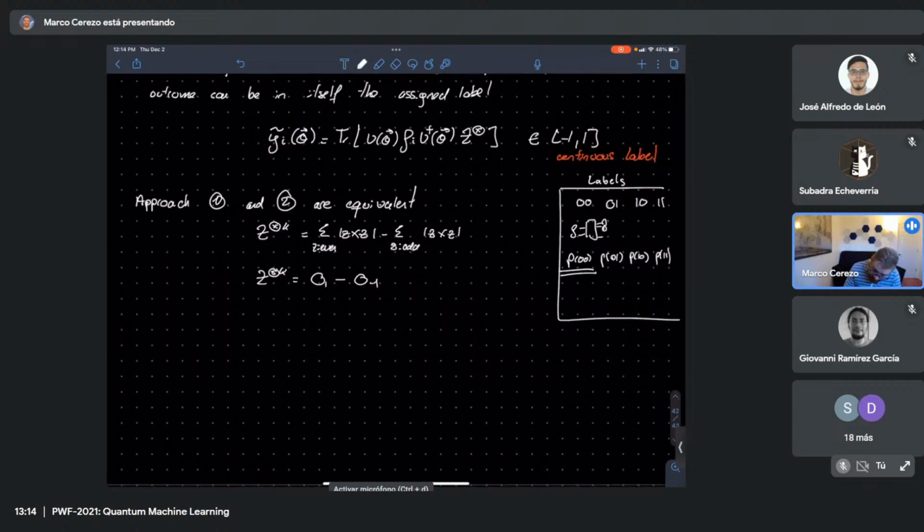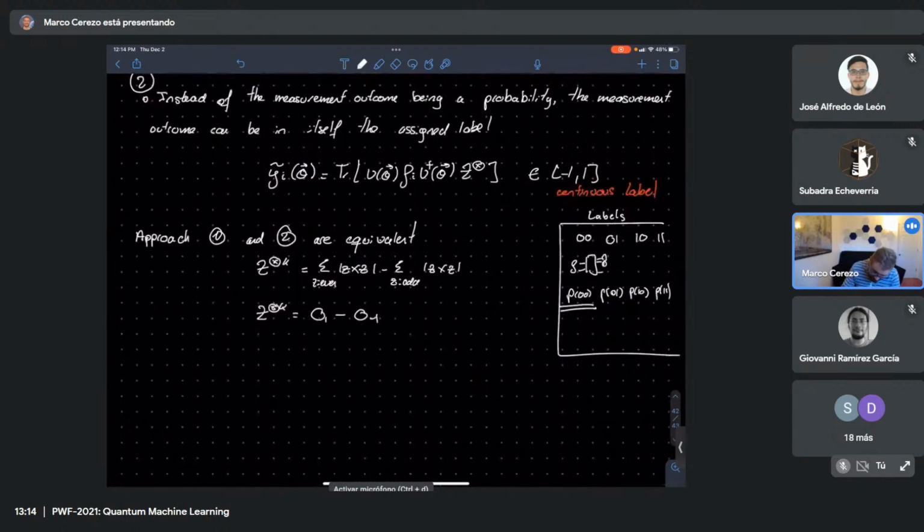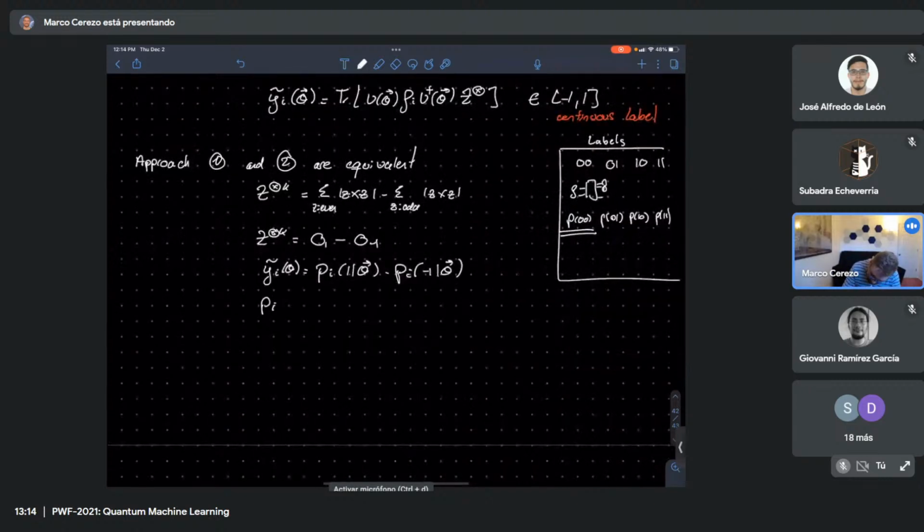And now we use this fact and we can prove that the assigned label is essentially going to be given by the probability that I get 1 given theta minus the probability that I get minus 1 given theta.